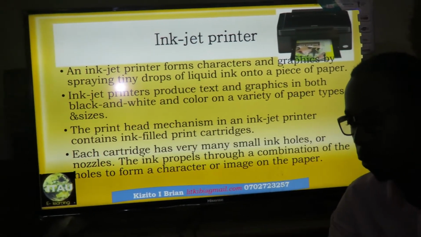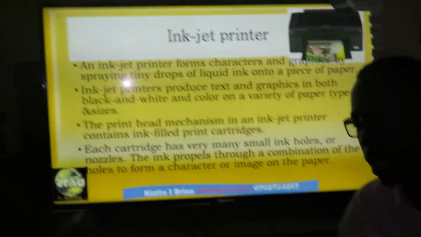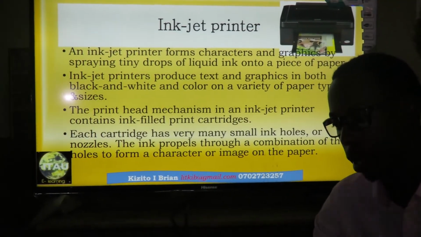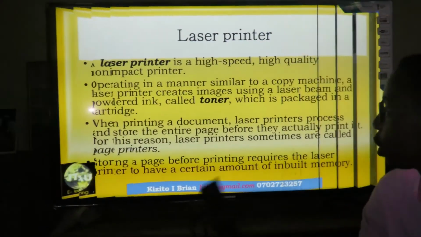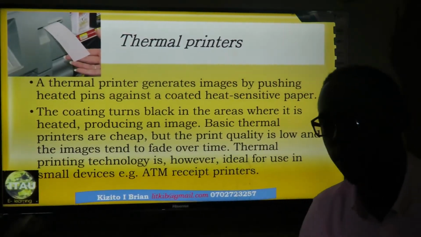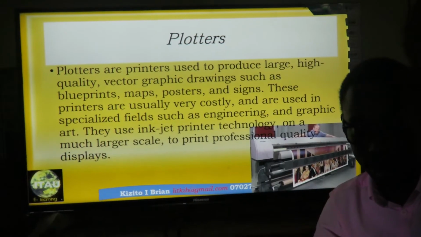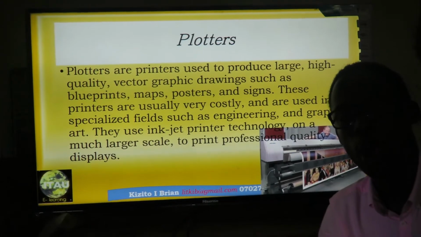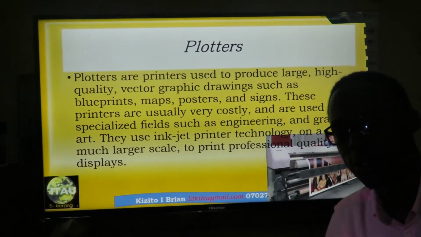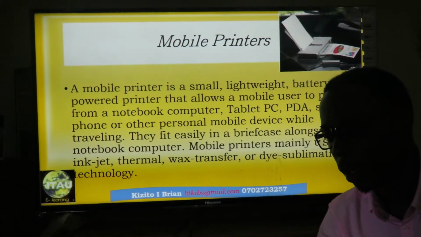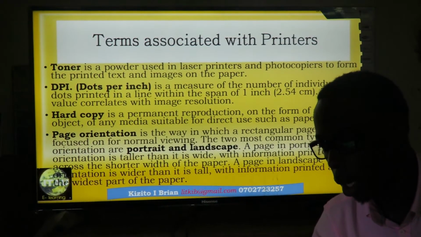Inkjet printers form characters and graphics by spraying tiny dots of liquid ink onto a piece of paper. Laser jet printers, we have the thermal printers, we have plotters. These ones are used for a wide range of graphics printing, and so on and so forth. We have the mobile printers also.